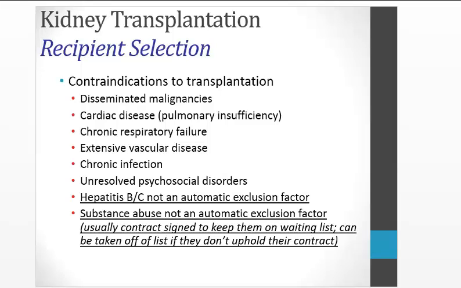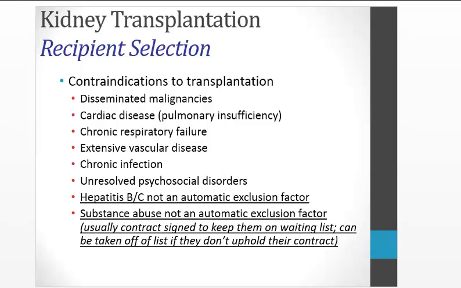If a patient has disseminated malignancies, cardiac disease, or pulmonary insufficiency, because the kidneys are a very vascular organ, if the patient has extensive cardiac disease and pulmonary insufficiency, they won't be able to support that new organ. If they have chronic respiratory failure for the same reason, or extensive vascular disease, they will not be able to support a new organ and will not be a candidate for transplantation.